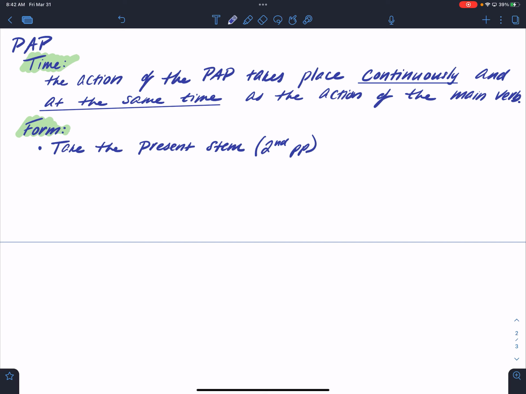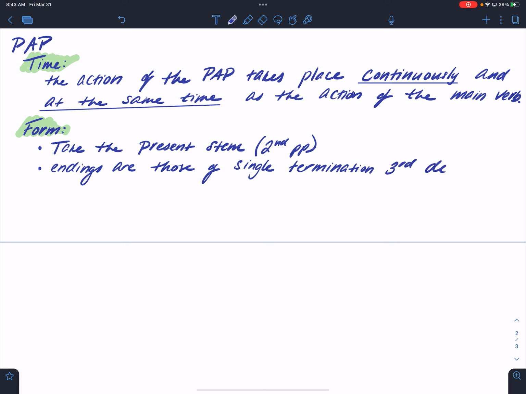Okay. So you take the stem and then your endings are those of single termination third declension adjectives.